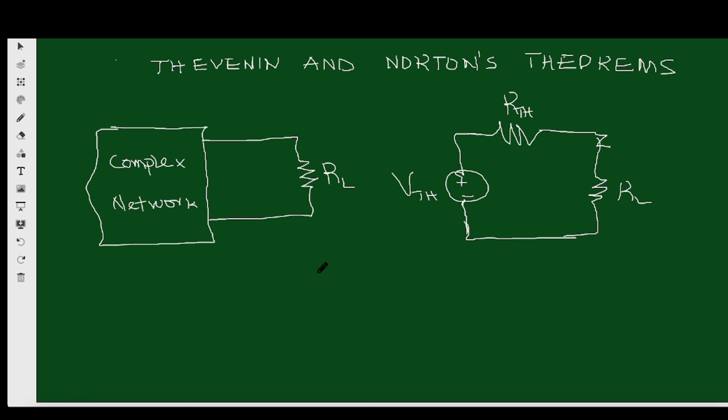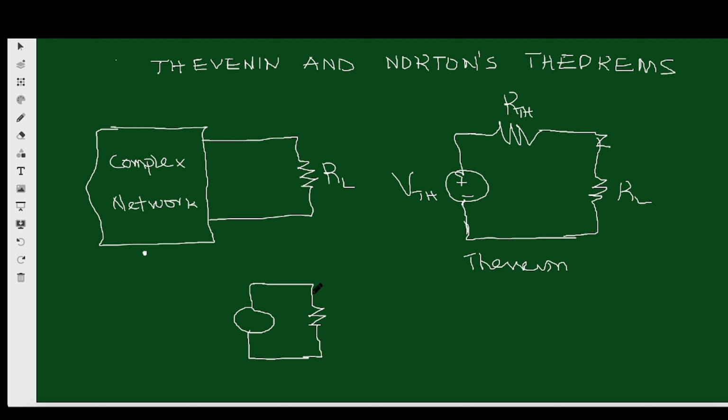And the Norton equivalent circuit is telling us that it is possible for us to replace this complex network with a current source in parallel with a resistor. And I can tell you that we can convert this Thevenin, this is Thevenin, right, to Norton. How do we do that? By source transformation. So what do we have? We have a current source in parallel with a resistor.